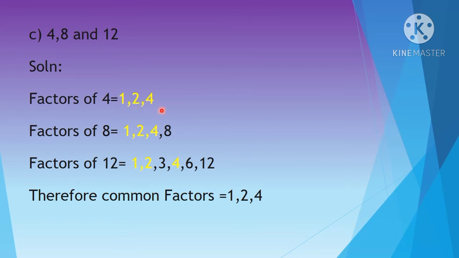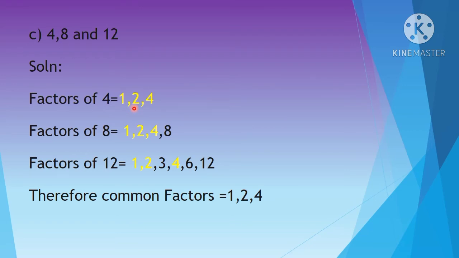Then next 2. 4 divided by 2. You know, 2 twos are 4. So what are the factors? 1, 2 and 4. 4 is divisible by 2, 4 is divisible by 1 and 4 is divisible by 4. So it is easy to find out the factors. So 1, 2 and 4 are the factors of 4.